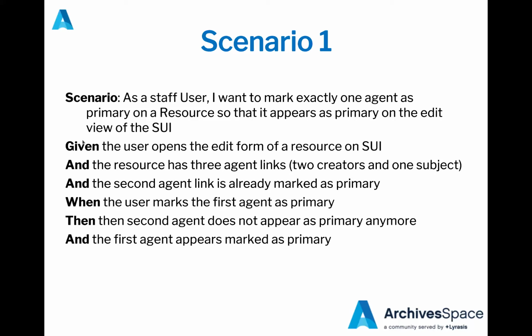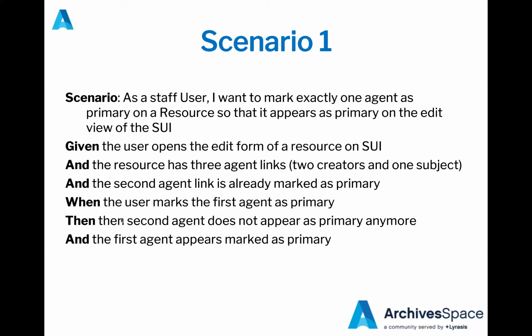Note also that these given steps are not describing the complete steps of how to open the edit form of a resource in a detailed imperative step-by-step fashion, but it is describing only the conditions of this behavior, only including the relevant points that the resource has 3 agent links, that the second agent link is already marked as primary.